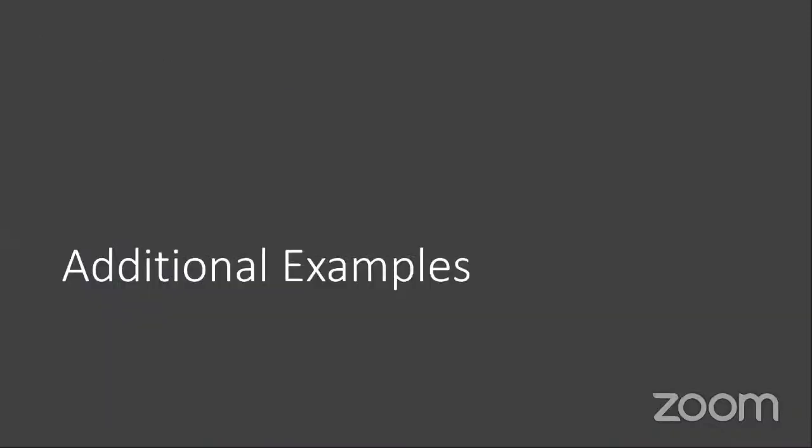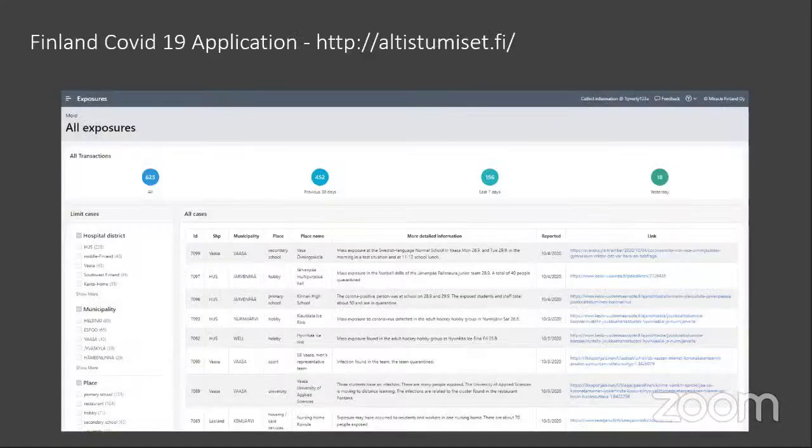So I want to show you a few more actual examples of applications that were created with the free tier. This one is from Oracle ACE director, Heli from Finland. We had her on, I think it was almost a month ago now, on machine learning. So she and two other colleagues of hers created this Finland COVID-19 application.